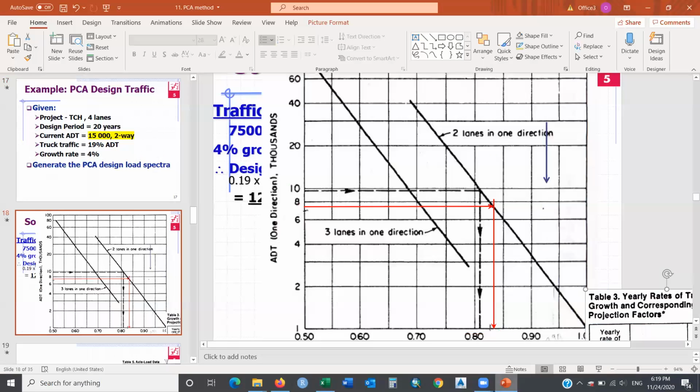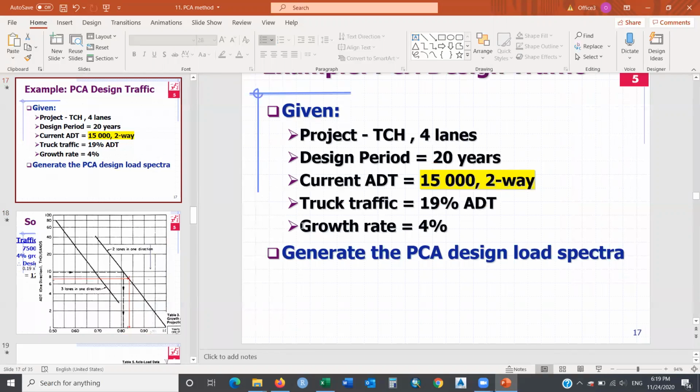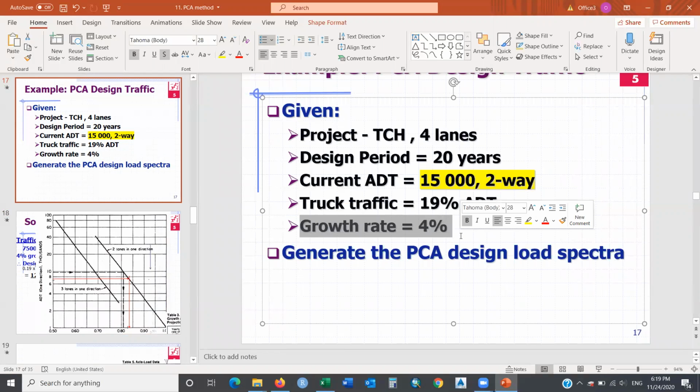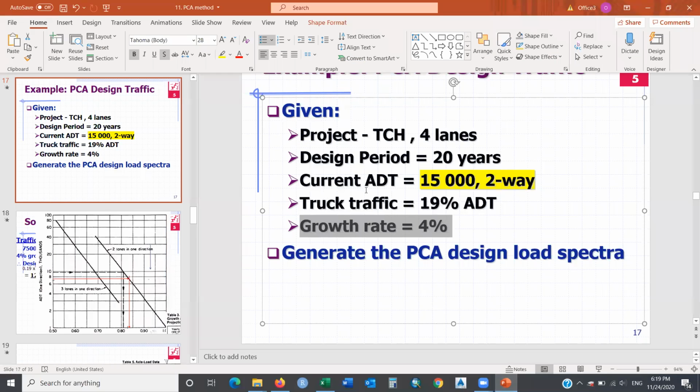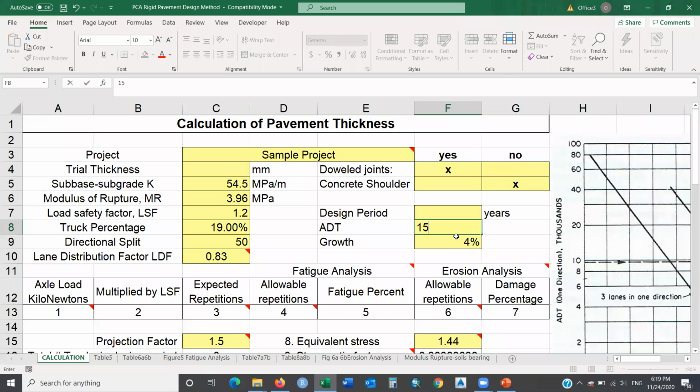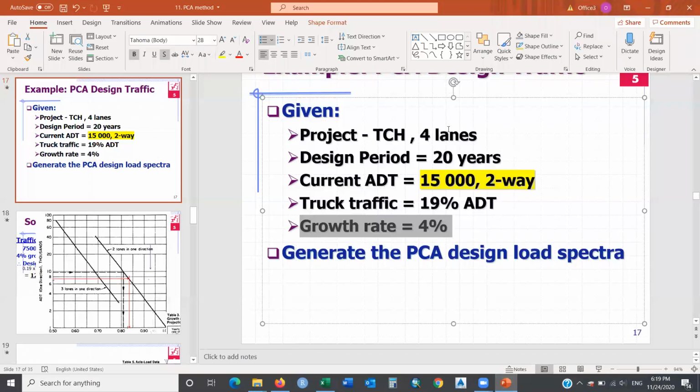Traffic growth is given, 4%. ADT 15,000. Design period 20 years.